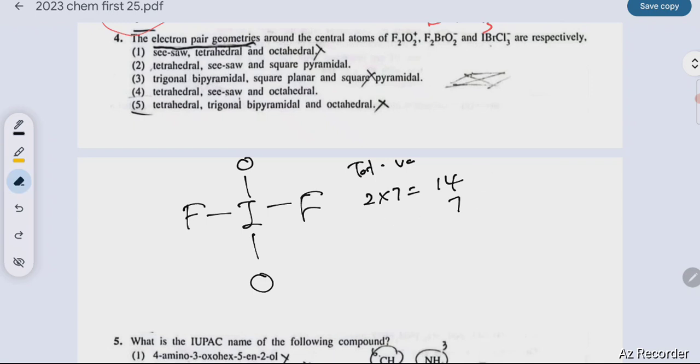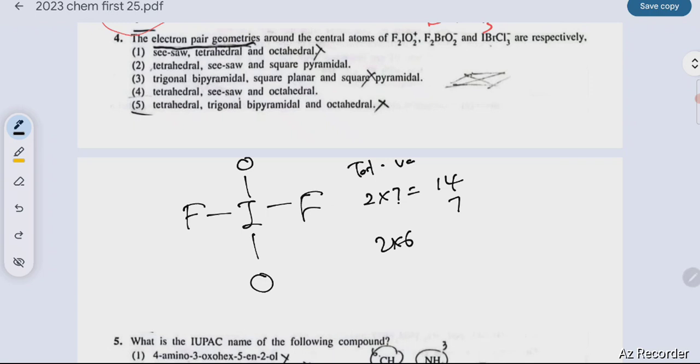Next, 2O. 2O means 2 times 6. Because you all know iodine is in group 7, it has 7 valence electrons. Only the valence electrons are considered when drawing these Lewis structures.